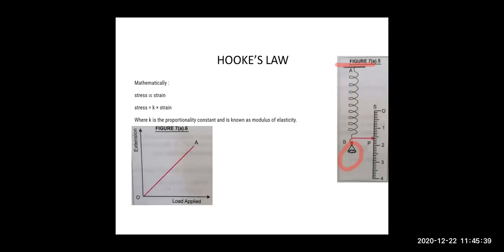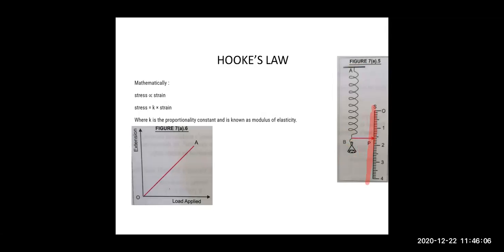Now here we have a scale which is fixed, right? And the wire AB at the lower end is fixed with a pointer P, and this pointer P can slide over the scale, right?